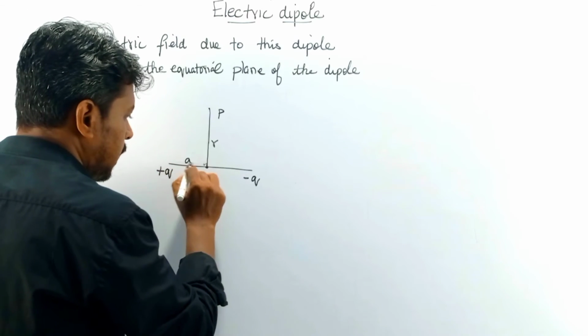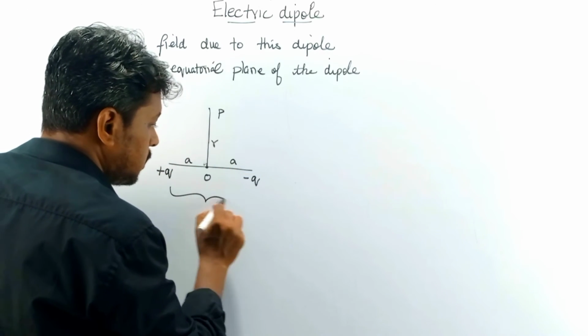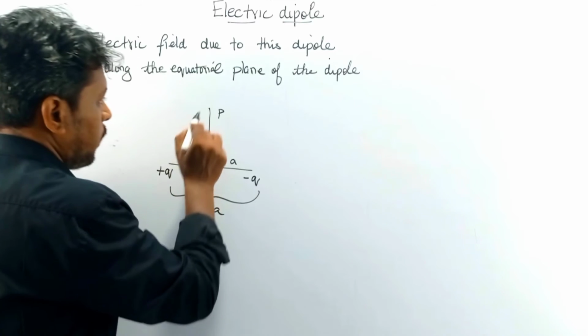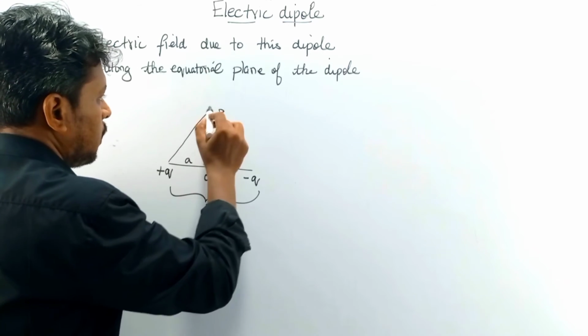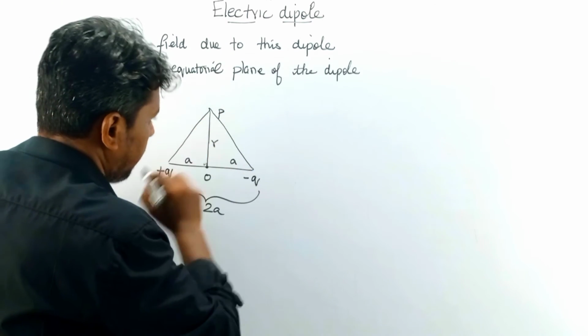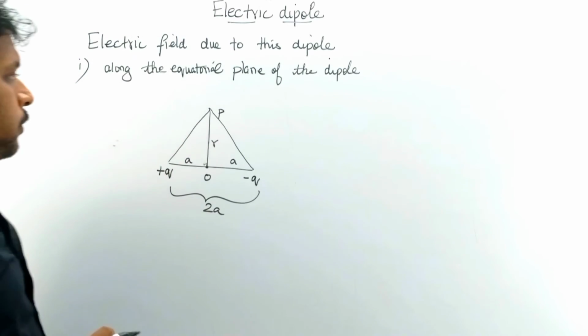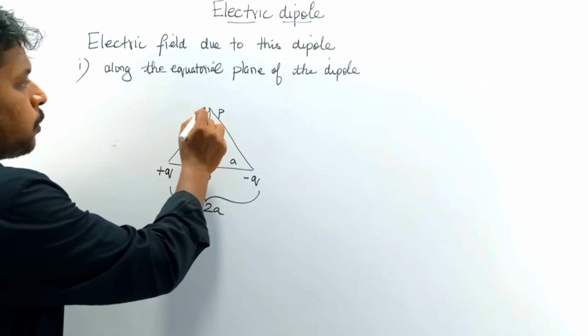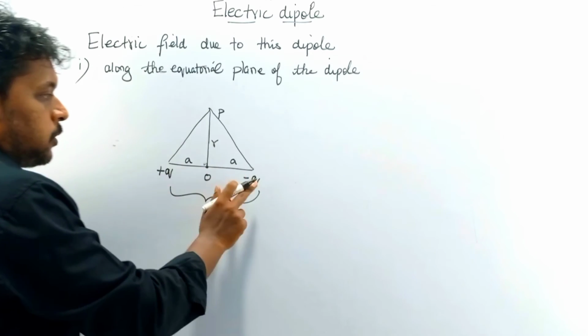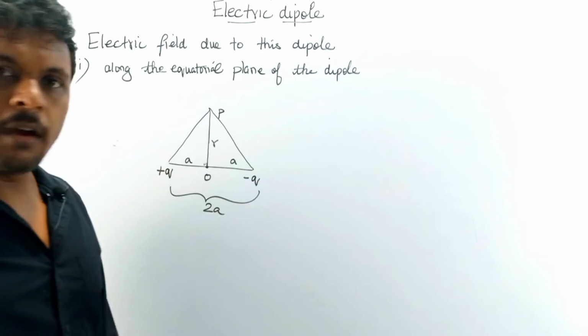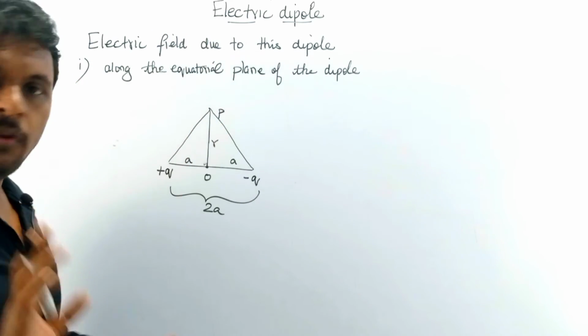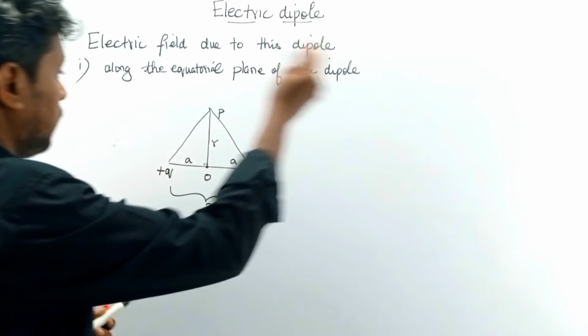You know that this is a and this is a, so the total distance is 2a. We are going to find the net electric field at this point P due to these two charges plus Q and minus Q, along the equatorial plane, that is perpendicular to the dipole. Okay, so we are going to find the value of the electric field.